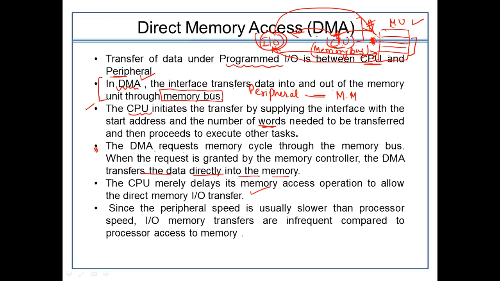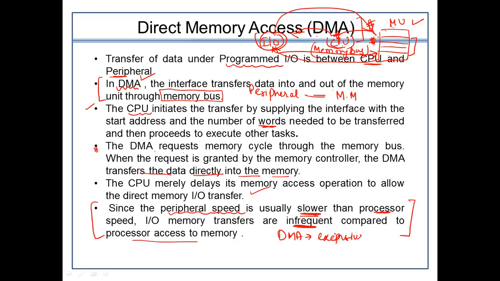But because the peripheral devices are slower than the CPU, such operations are very infrequent in comparison to the processor's access to the memory. That's why DMA exists, and it is actually a very expensive kind of technology also.